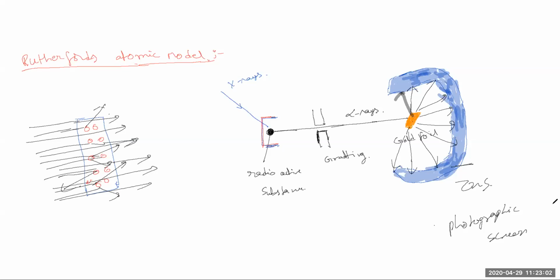Few of the radiations are deflected at certain angles, which means they pass near the nucleus, near the center. Very few, about one in 20,000, rebound perfectly back.